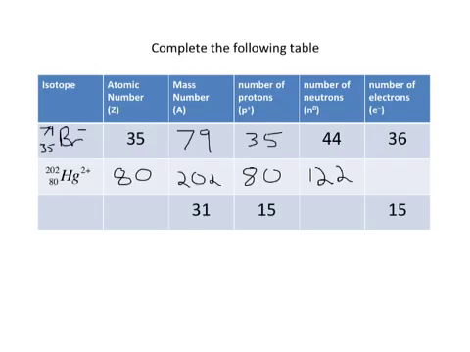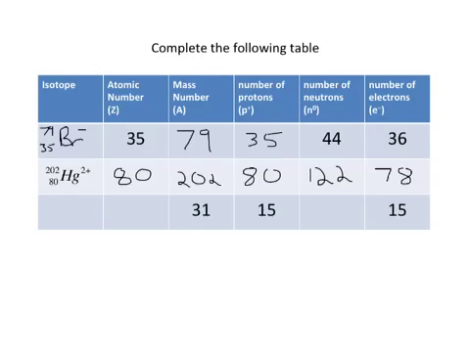Finally, to figure out the number of electrons, a neutral mercury atom would have the same number of protons and electrons. However, in this case, we know that it's +2. That means it's lost 2 electrons because electrons are negatively charged. If we lose those negative things, I have more protons than electrons, and it has a positive charge. So if it's lost 2 electrons, then it has 78 electrons.